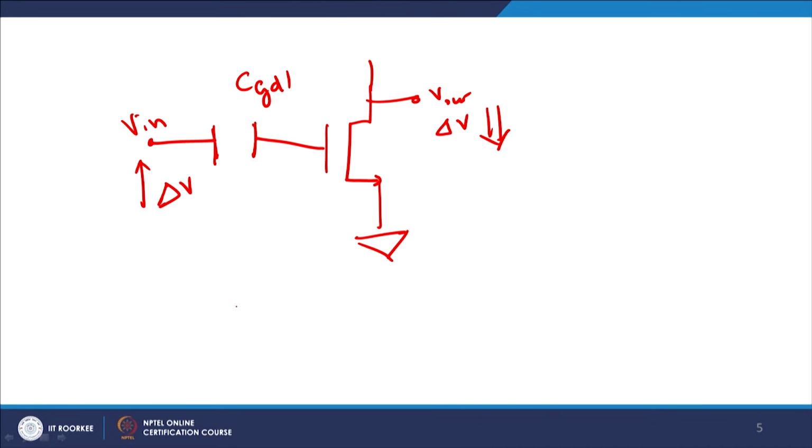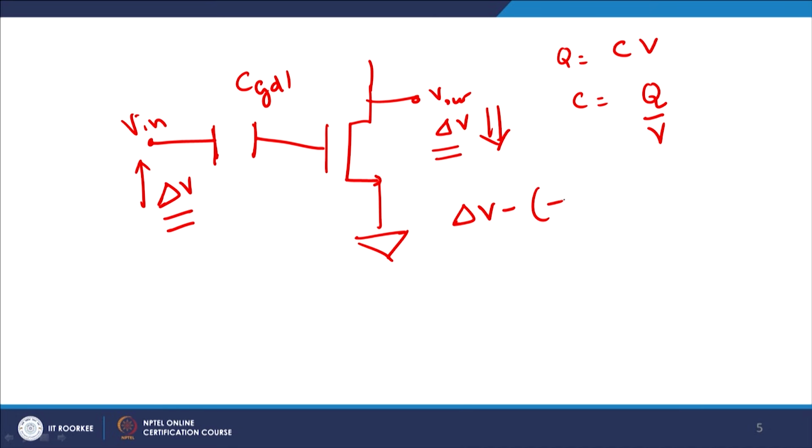Now, if you remember Q equals CV, or in other words, to find the capacitance, C equals Q by V, which means that if you change the input side by delta V, you get a change of minus delta V. So, what is the net change?